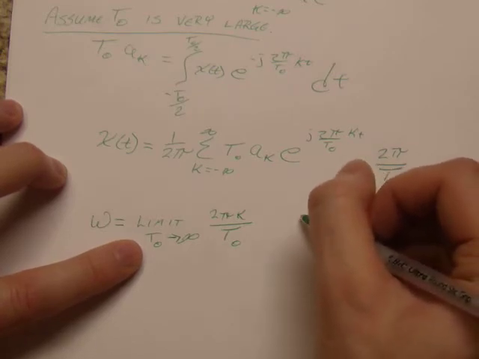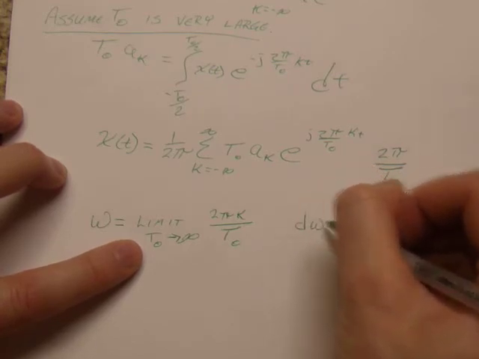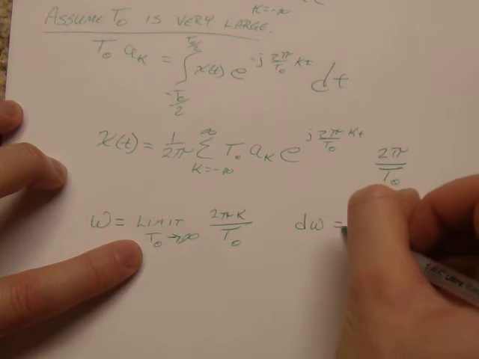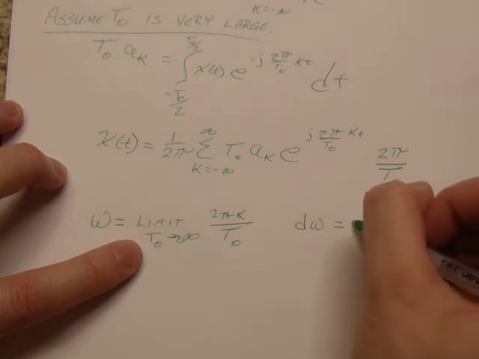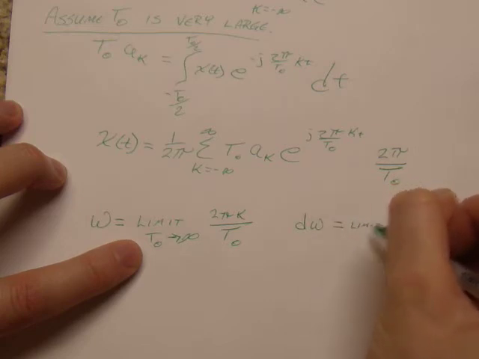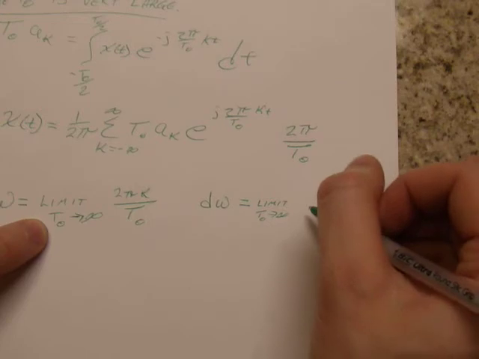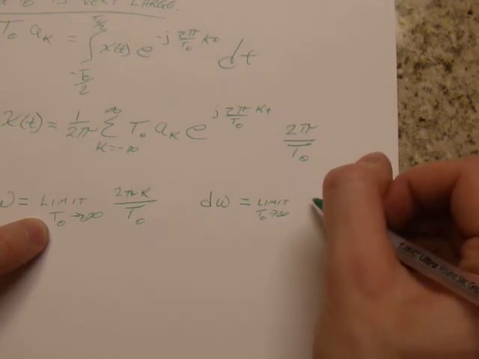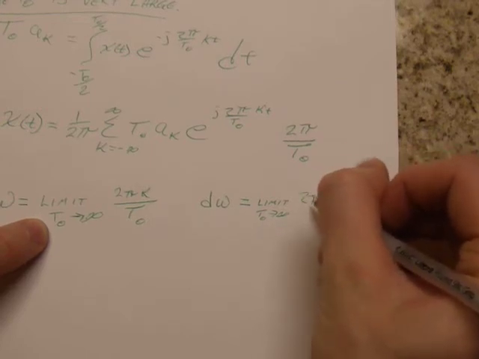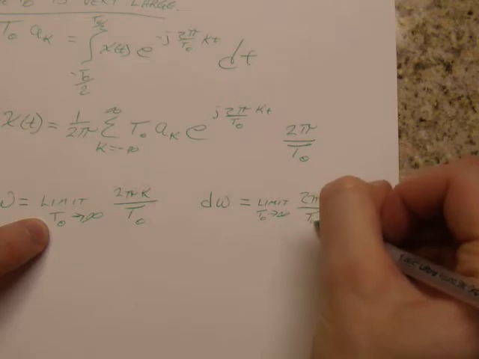We're also going to say that d omega is equal to the limit as t naught approaches infinity of 2 pi divided by t naught.